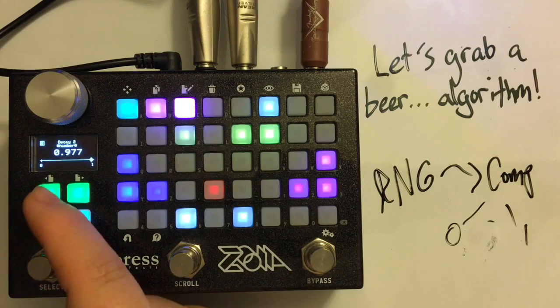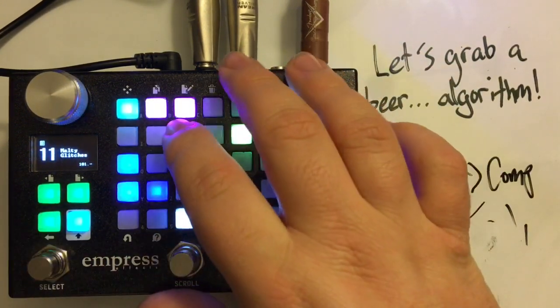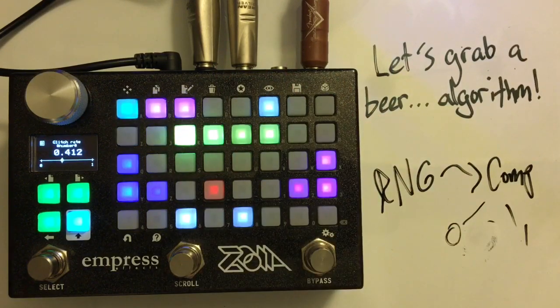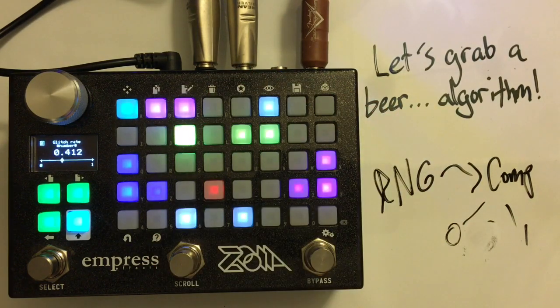This is a wet-dry mix. And here you have the controls that would have been called thing 1 and thing 2. This is the glitch rate, which is the speed with which it transitions back and forth.